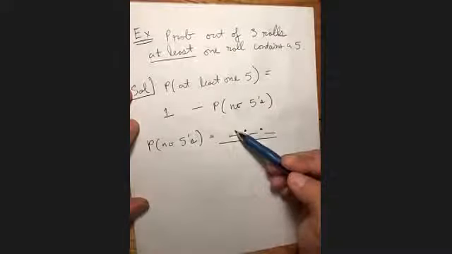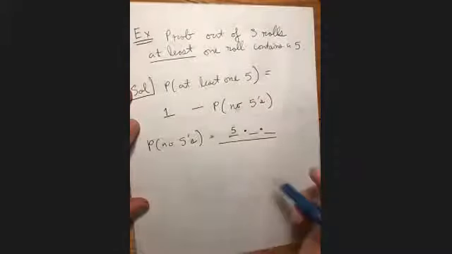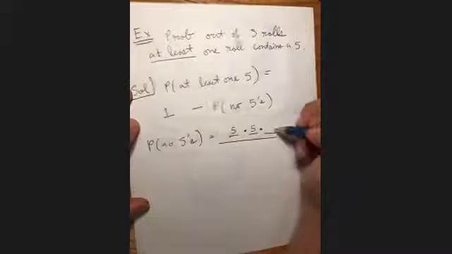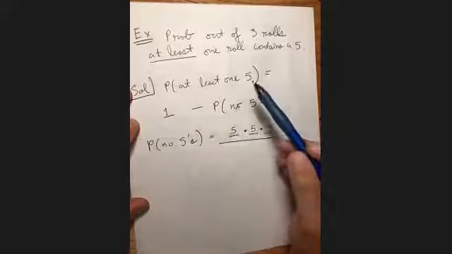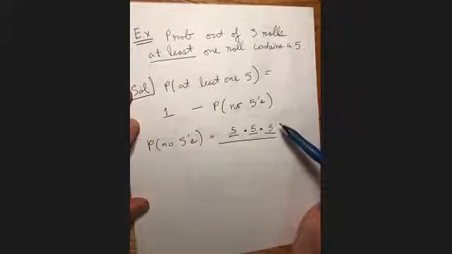The first slot contains no 5s. So that means it can be a 1, 2, 3, 4, or a 6. So that's 5 possibilities. The second slot can also not contain any 5s. So it can be 1, 2, 3, 4, or 6. So 5 possibilities. And same for the third. So 5 times 5 times 5 tells me the number of ways that I can roll a die 3 times and not get a 5.